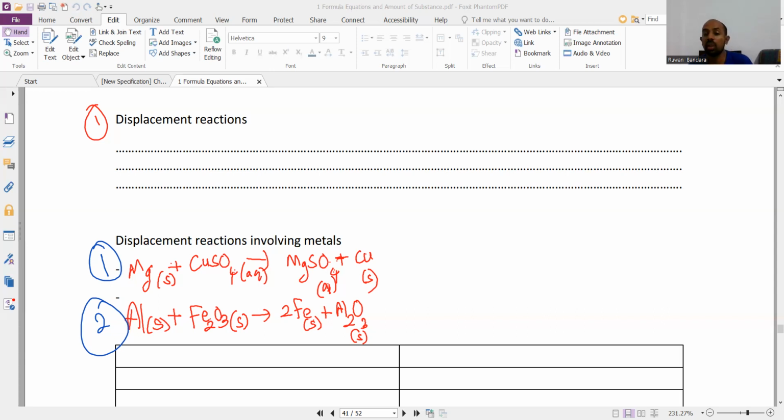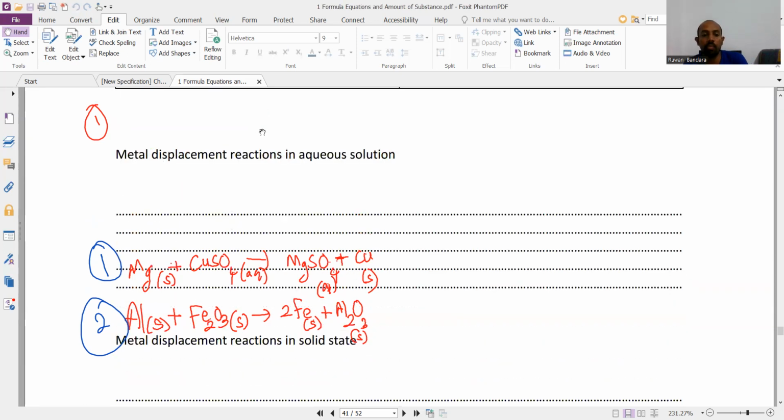Whereas reaction 2 needs a large amount of energy.